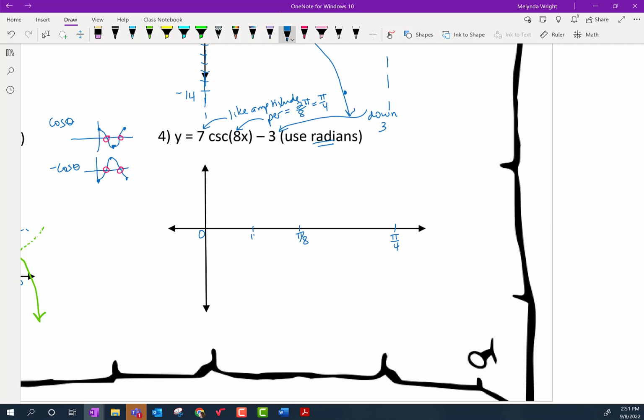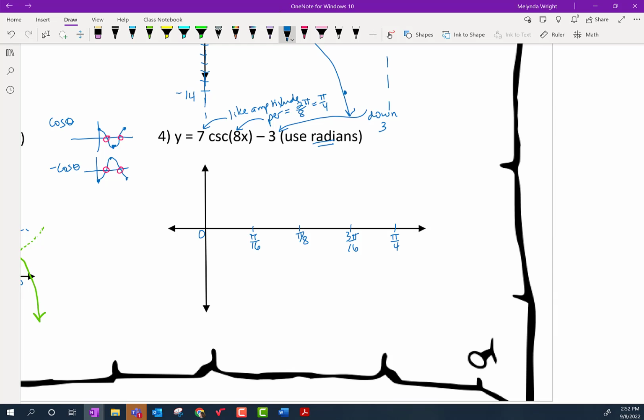Half of pi over 8 is pi over 16. So I have 1 pi over 16, 2 pi over 16, 3 pi over 16, 4 pi over 16 is pi over 4. Okay, I like the whole counting thing. It helps me. Okay, so there's our x coordinates.